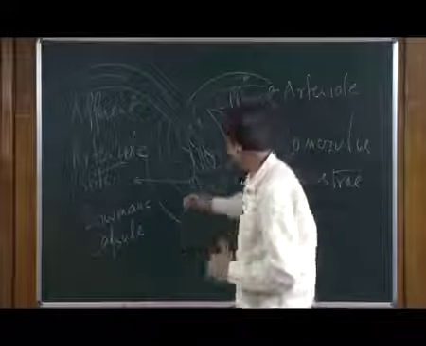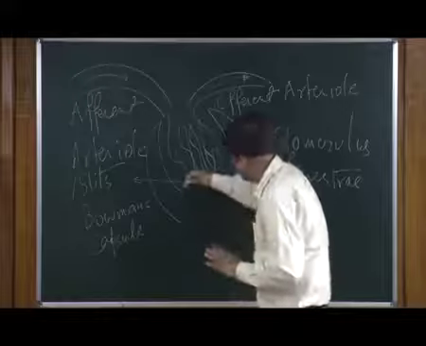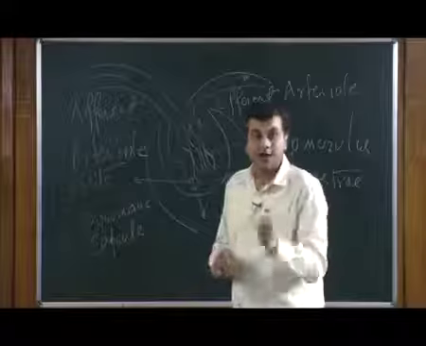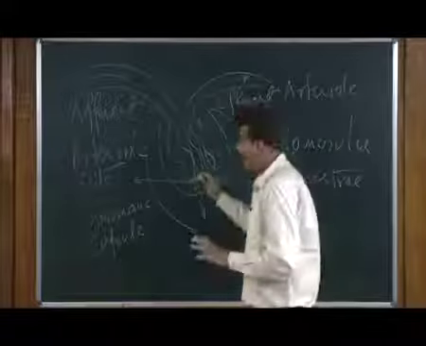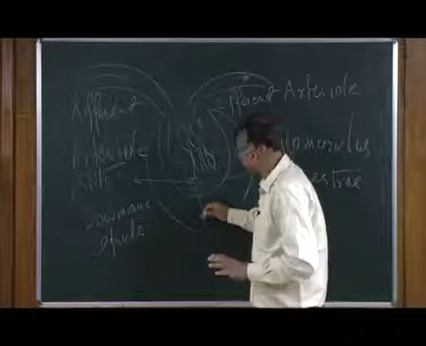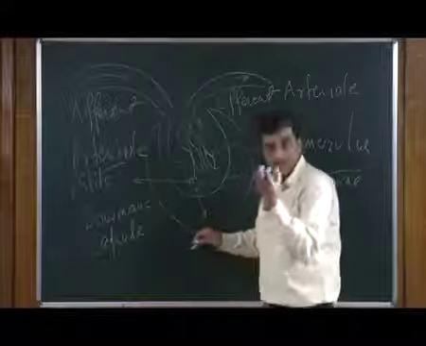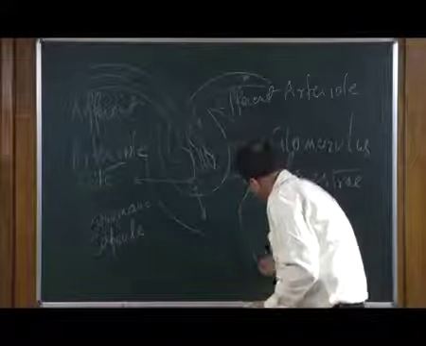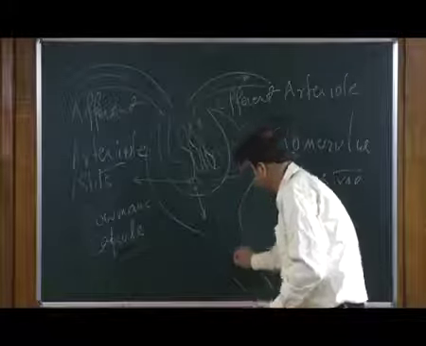So proteins are not coming out. This fluid is free of RBC, cellular material and protein, and it comes out into the Bowman capsule, and from the Bowman capsule it passes into this tube.